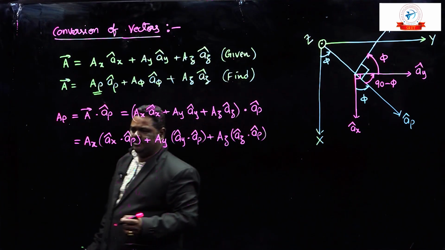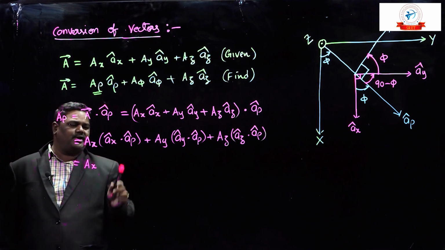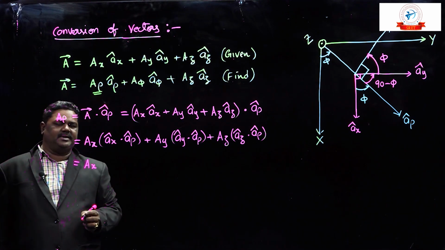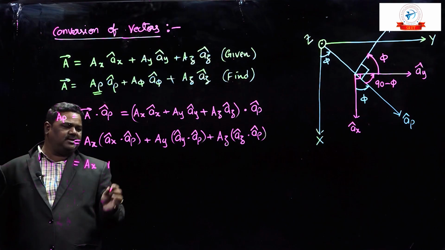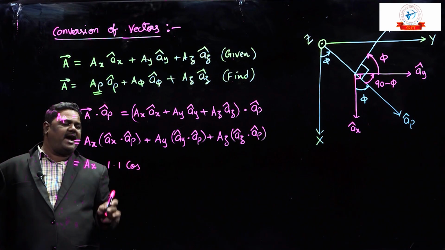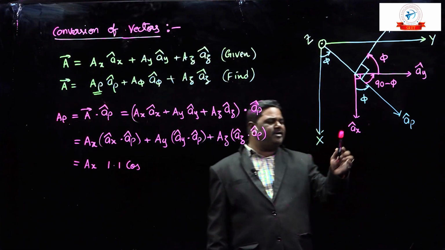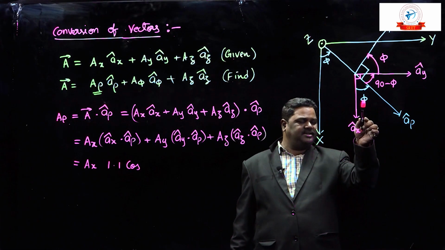Okay. So come to this equation. The dot product between ax cap and a rho cap: the magnitude of ax cap is 1, the magnitude of a rho cap is 1, and cos of the angle between ax cap and a rho cap. See here, what is the angle between ax cap and a rho cap? This is phi.